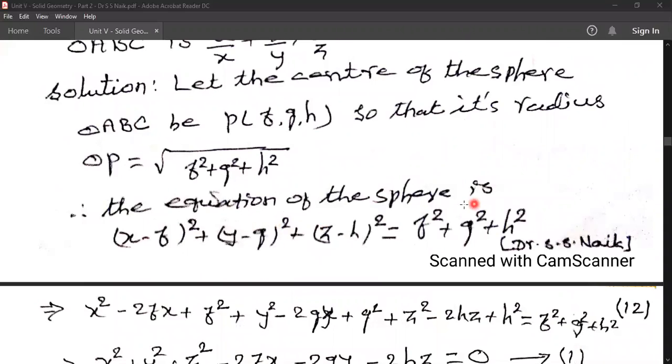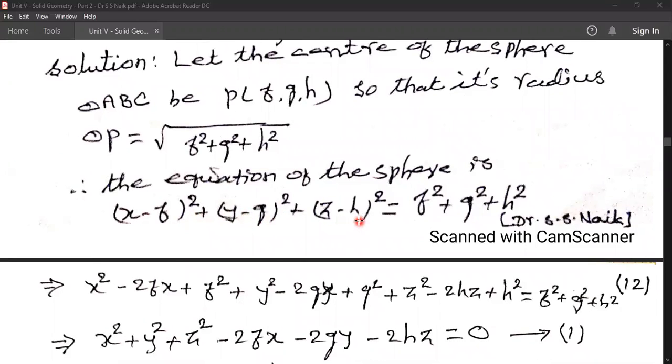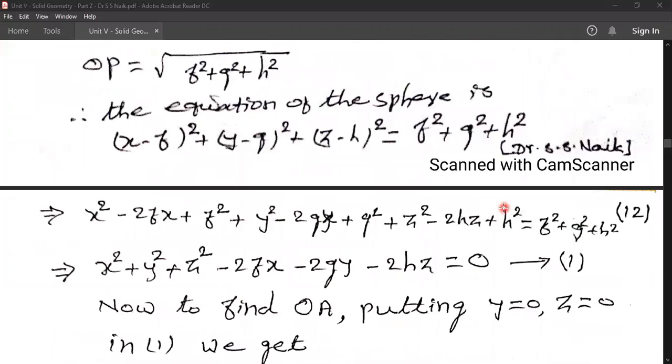The equation of the sphere is (x minus f) whole square plus (y minus g) whole square plus (z minus h) whole square is equal to f square plus g square plus h square. When you expand this, x square minus 2fx plus f square plus y square minus 2gy plus g square plus z square minus 2hz plus h square is equal to f square plus g square plus h square.